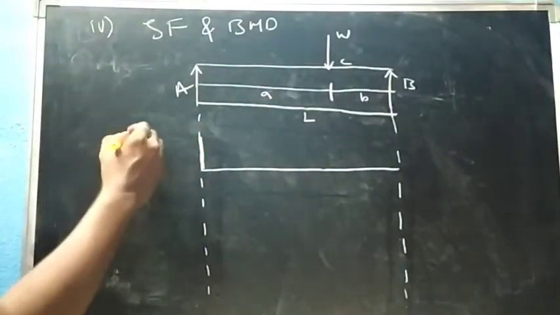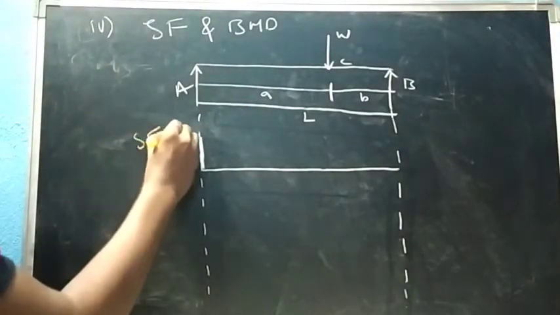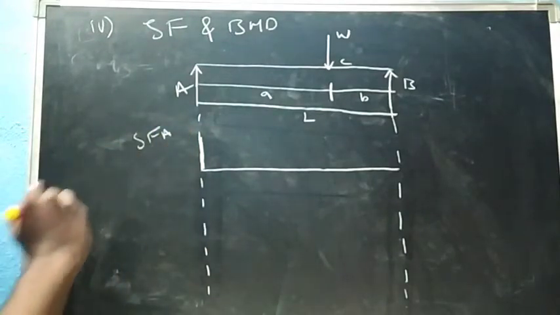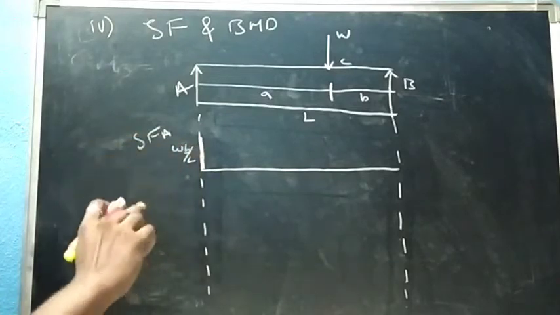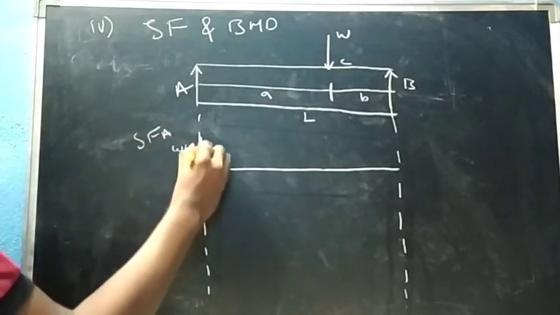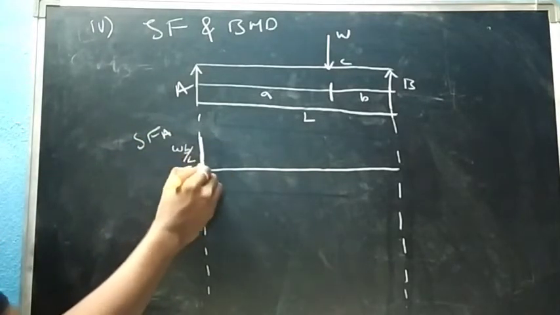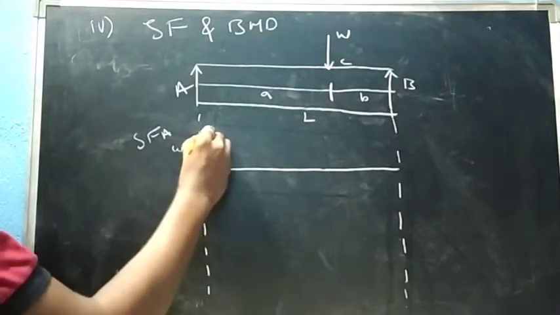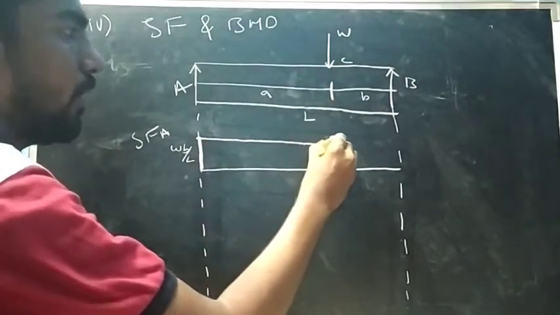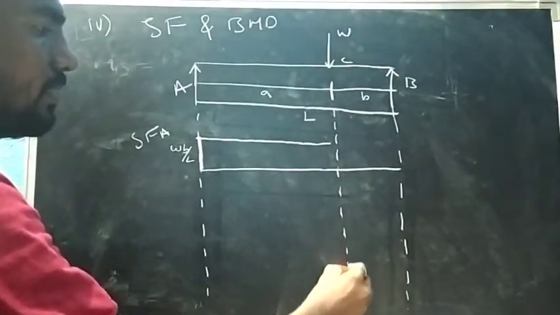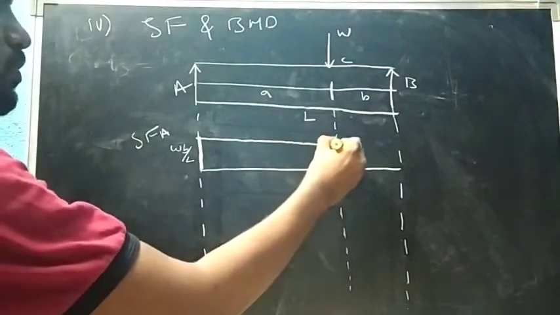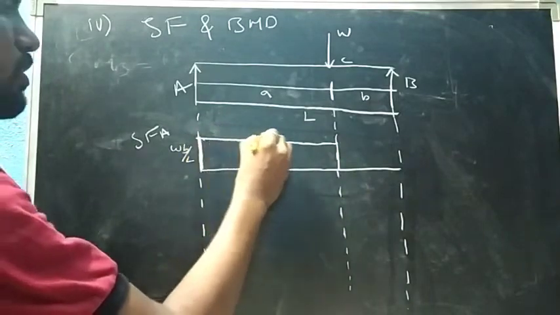Shear force at A we got WB upon L, which is positive. That means we have to draw above the baseline. Then it is continued till point C, right? There is no change. The shear force is constant.